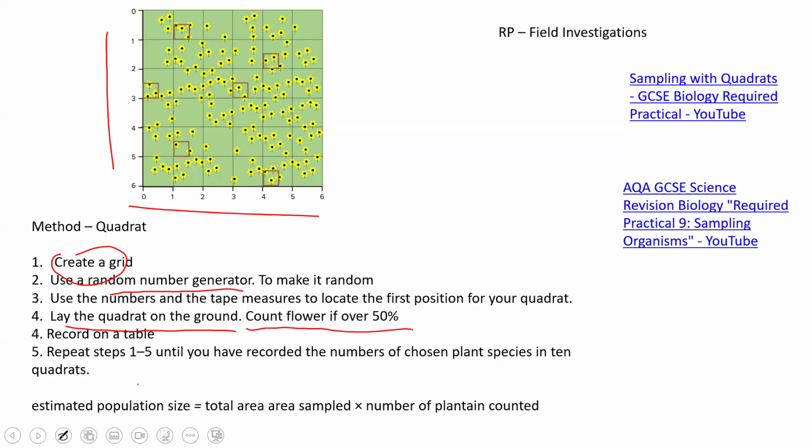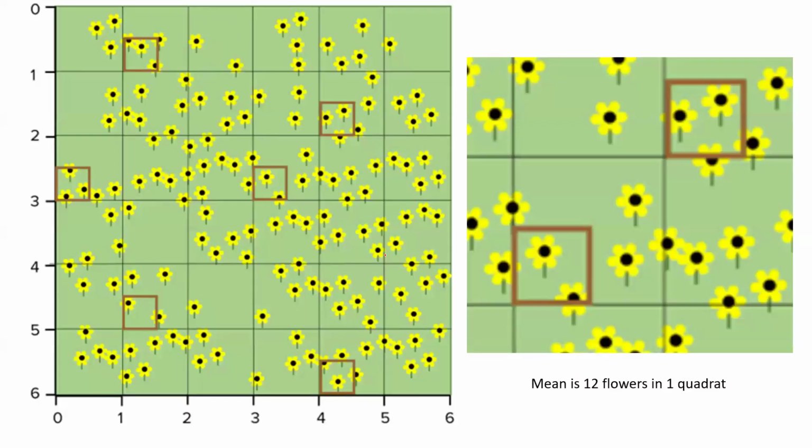Then record it in a table and repeat steps 1 to 4 until you've recorded the number of chosen species in 10 quadrats. Be dead precise about how many times you're going to do it. Here's a zoom in.